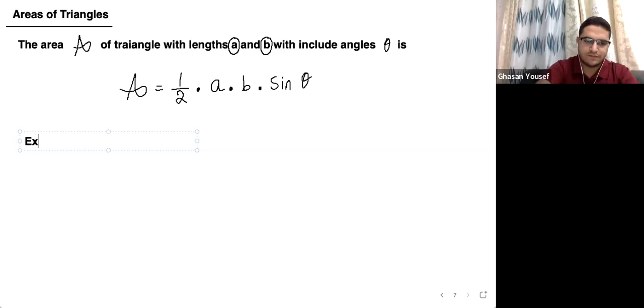The example is: find the area of the triangle. This is my triangle here.